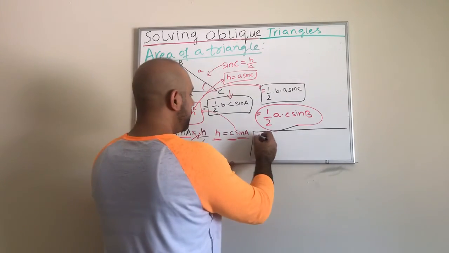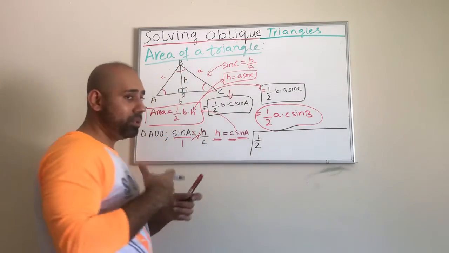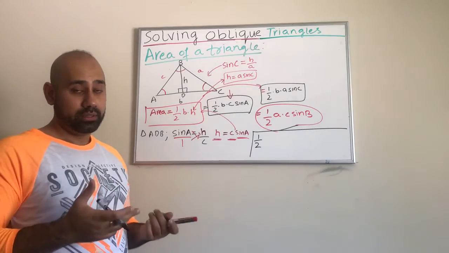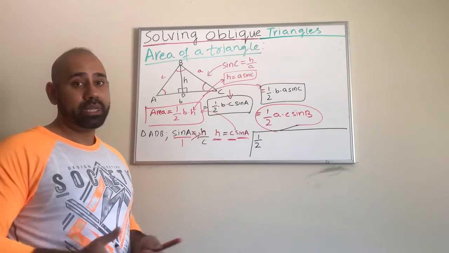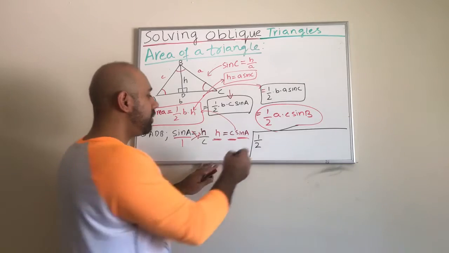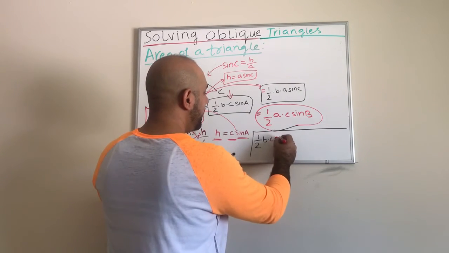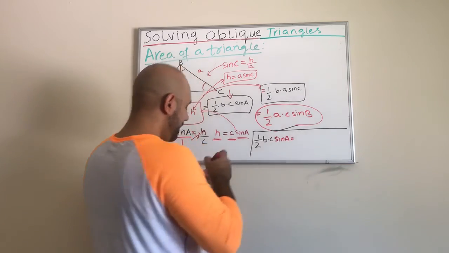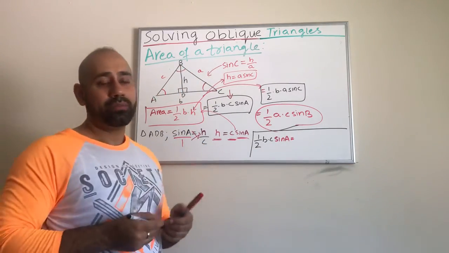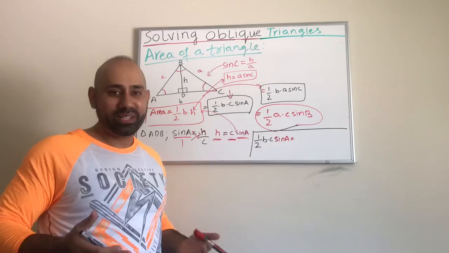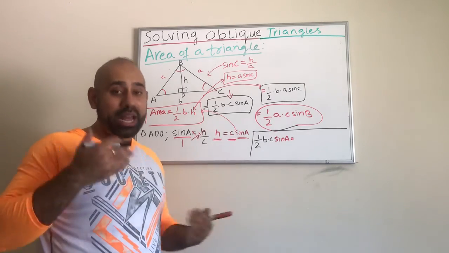Let me write all of them here, and then in my next video I'm going to use these formulas to find the area of a given triangle. Guys, it is a pretty basic, simple concept. 1/2 of B times C times sine of A, and it's not too difficult to remember because we already know the area of a triangle is 1/2 of base times height.